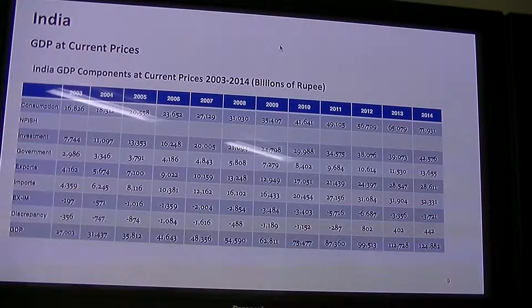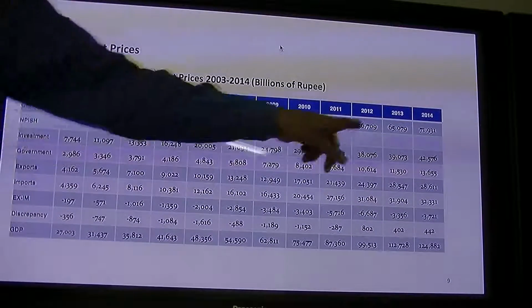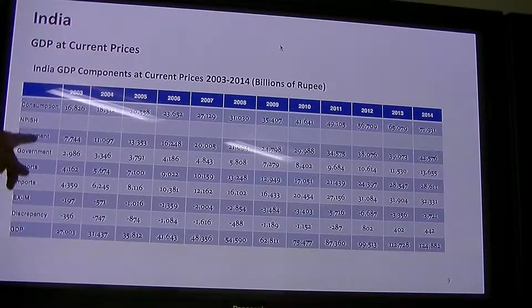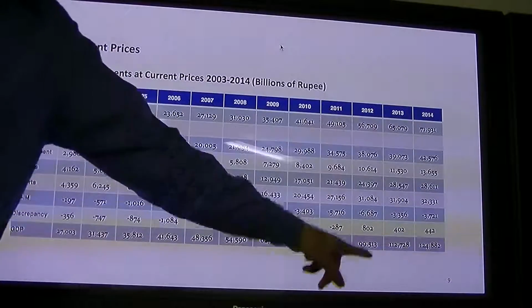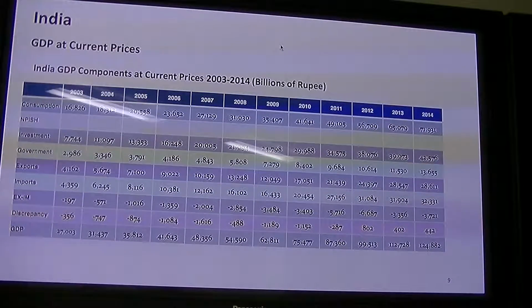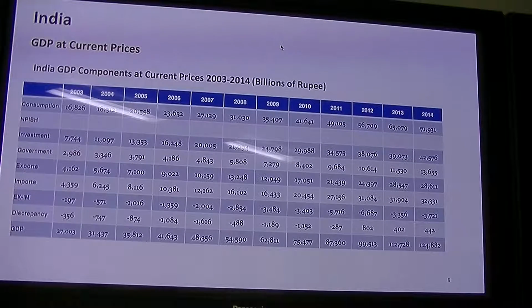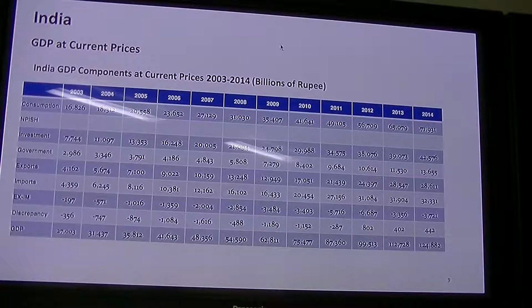At any rate, you can see this is at current prices, 2003 to 2014, the most recent data that was published on the UN site. And you can see consumption is actually a fairly significant percentage of GDP. We'll look at that more closely. And it's grown at a fairly steady rate.